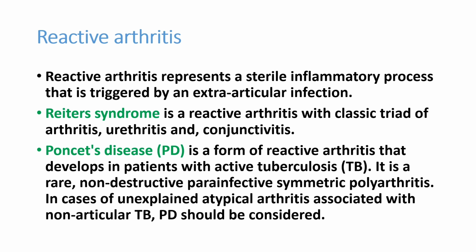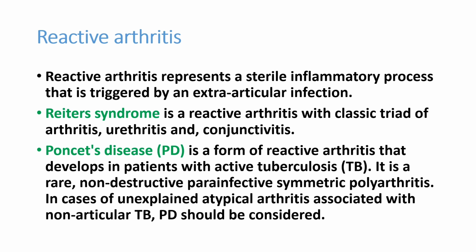Another type of joint inflammation as a part of infection is reactive arthritis. That means an infection somewhere in the body triggers a problem in the joints. One of the classical presentations is Reiter syndrome. Here the patient can have arthritis, urethritis and conjunctivitis.